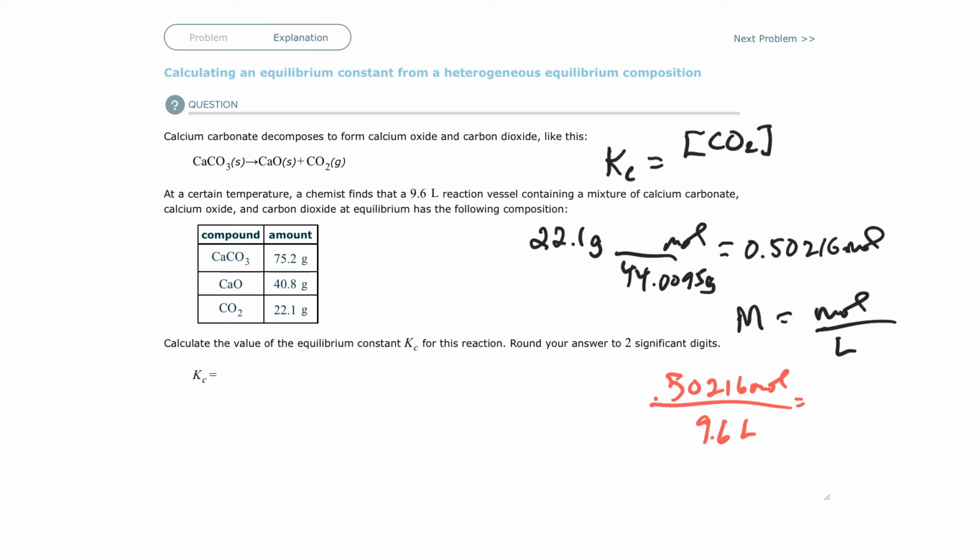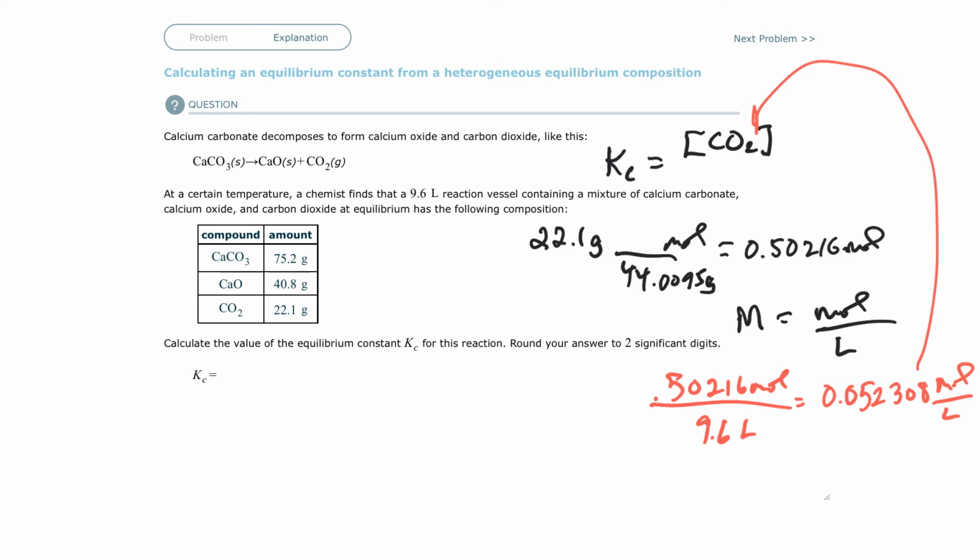And my molarity now is 0.052308... as long as I've got a few digits here, moles per liter. That is the molarity, and that's the concentration of that. That's what this is. That's what the brackets denote. They're talking about the molarity, or the concentration you have there.